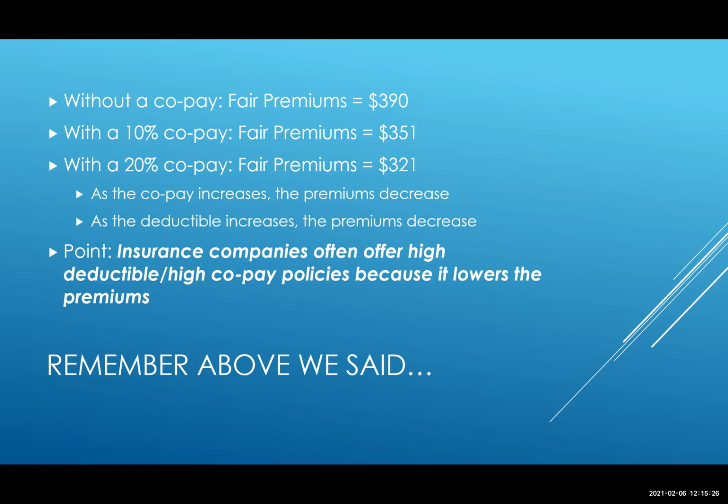So without copay, your fair premium is $390. With a 10% copay, this is just to remind you, your fair premium is $351. With a 20% copay, $321. Basically the point is the insurance companies are offering higher deductibles, higher copays and policy because it lowers the cost of premiums.